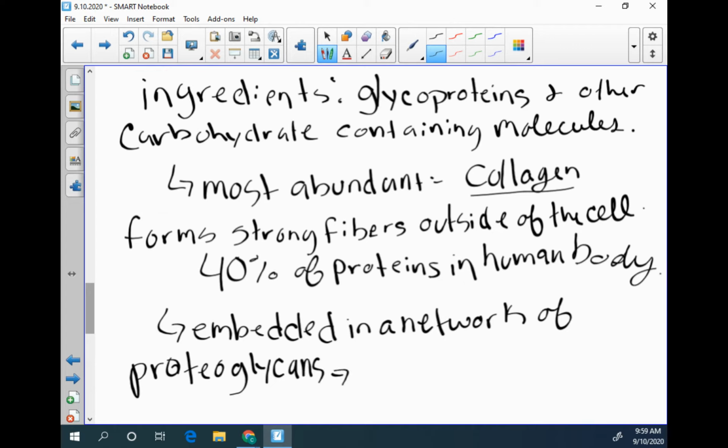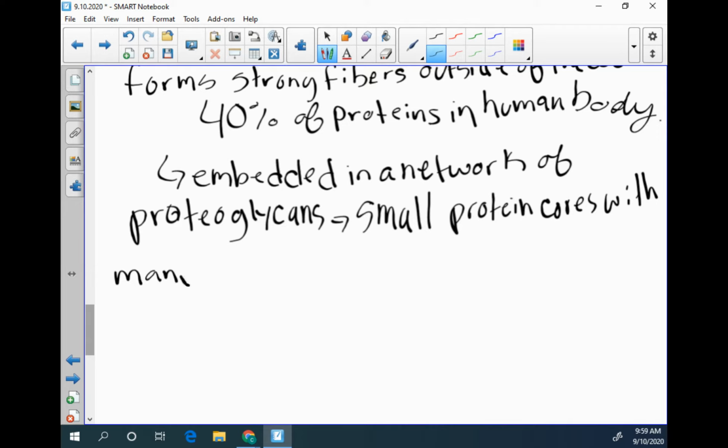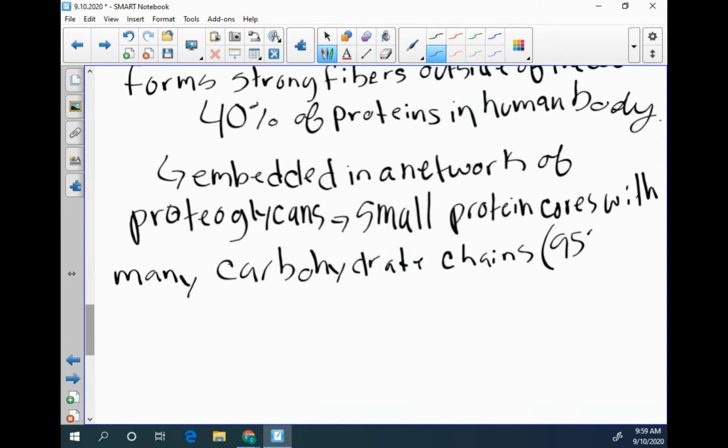Proteoglycans are small protein cores with many carbohydrate chains. In fact, a proteoglycan is 95% carbohydrate. We got a little baby protein and a bunch of fibers coming out of that.